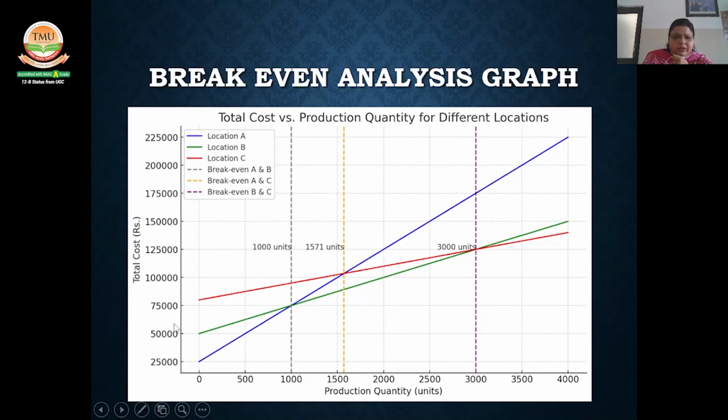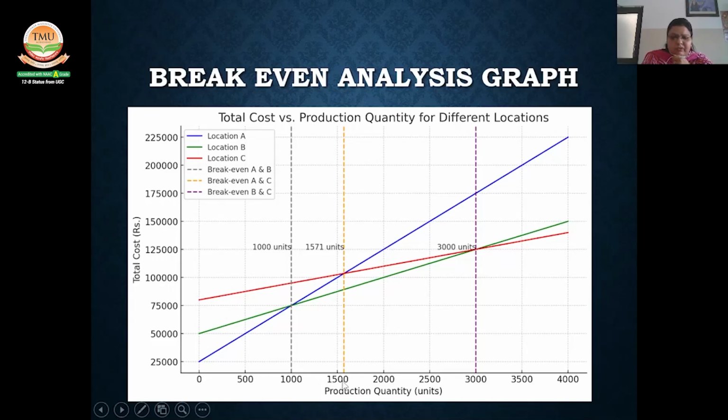Okay, and then make a graph like this, and the blue line shows location A, the green line shows location B, and the red line shows location C. Now the first break-even we found, and we will show it with the break lines, and this is 1000 units. It means when the lines of location A and B intersect, that point is called the break-even point.